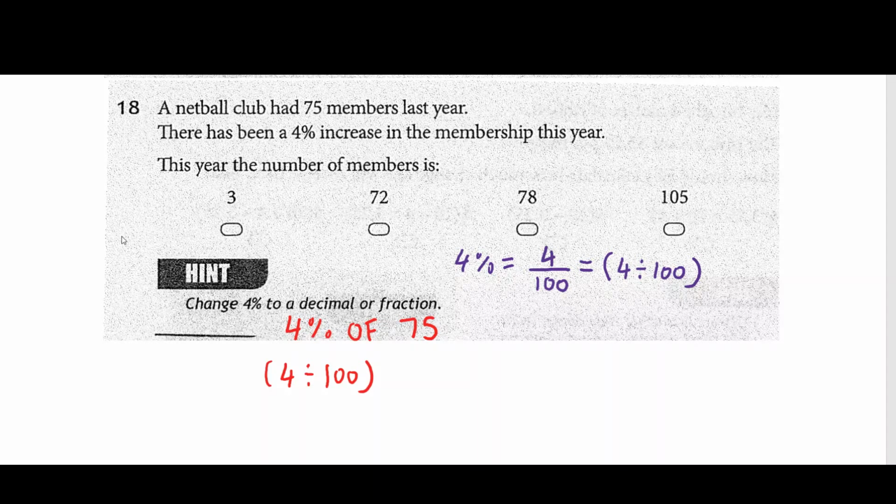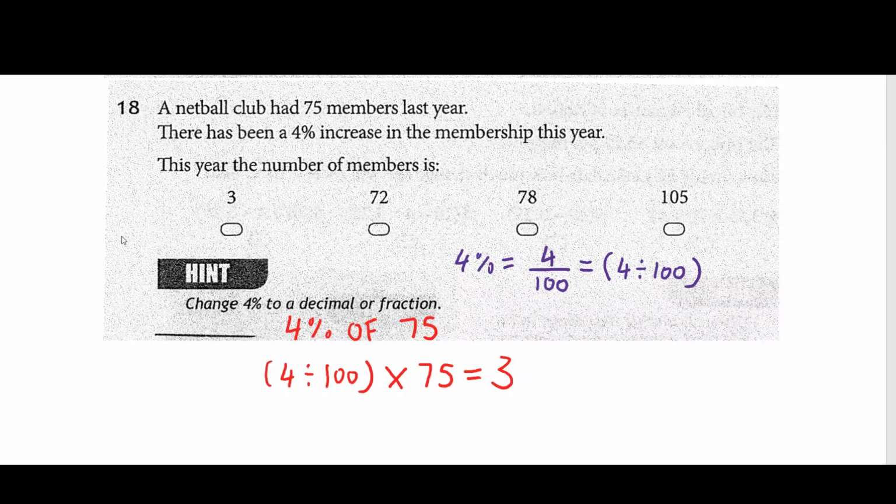Of means times. It means multiply. So times by 75. We can type that into our calculator. So we type that straight in, and that is 4 divided by 100 times by 75, which gives 3.